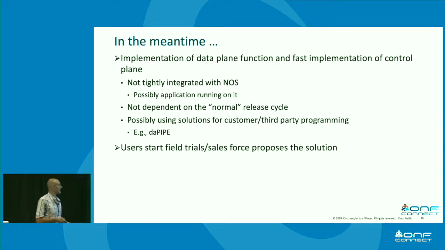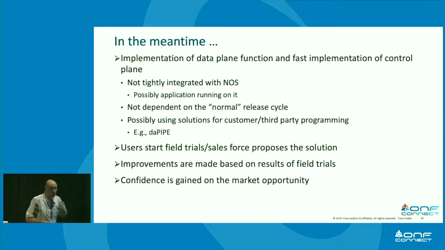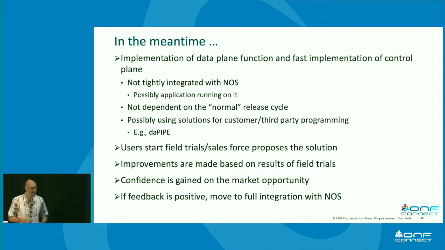Take those features to a level of field trial, offer them to customers so that they can test them, get feedback from the customers, possibly improve them. This also gives more confidence in the market opportunity and in the fact that customers appreciate that feature, and then later on, move on with the full integration of that feature in the operating system and in the rest of the system.